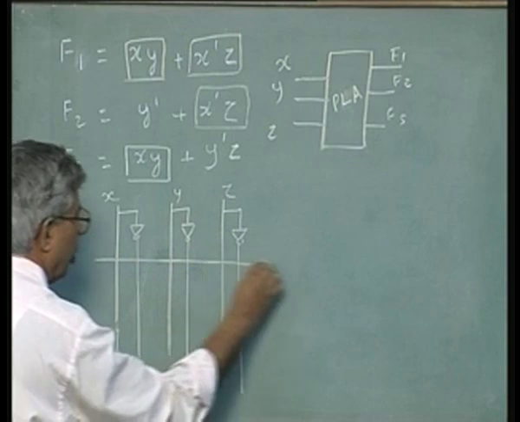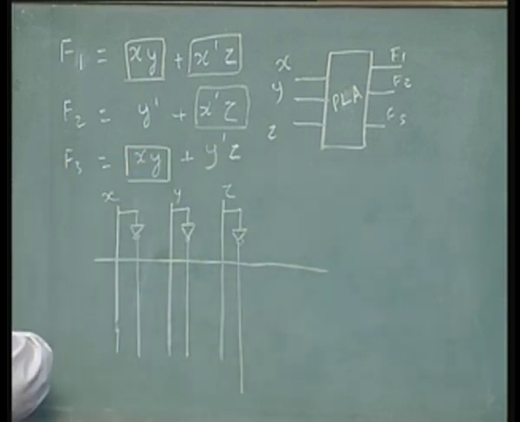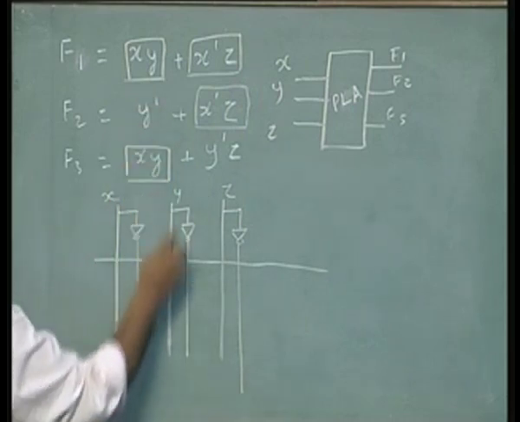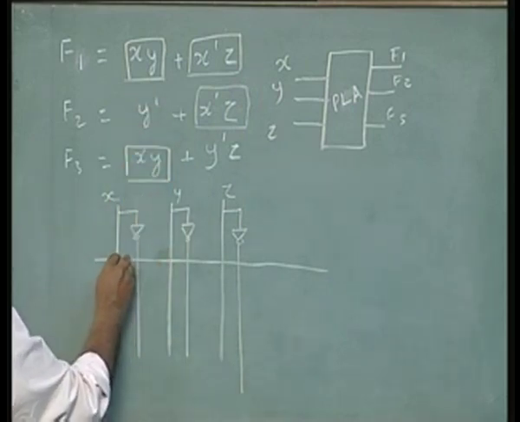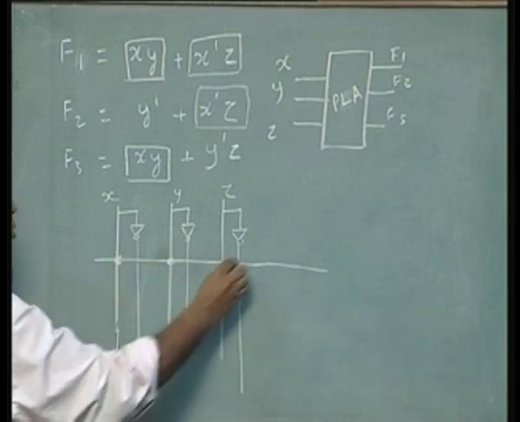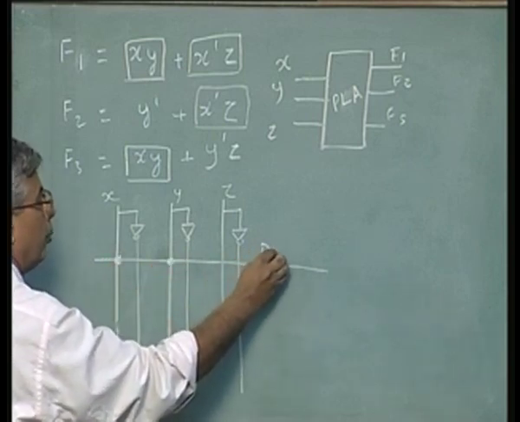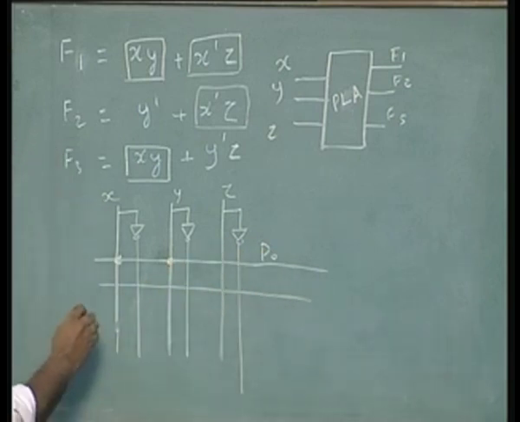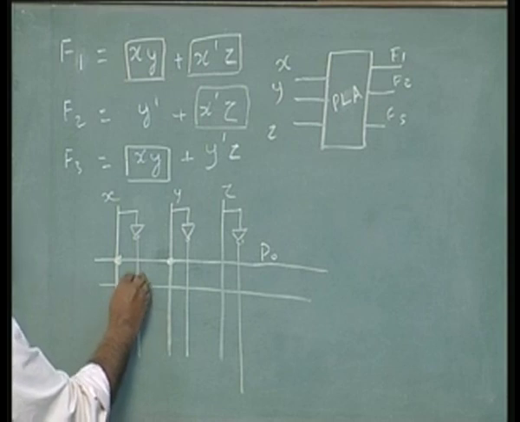So my first product term, P0, will be xy. So this is x, y, P0. Second product term P1 would be x bar z.